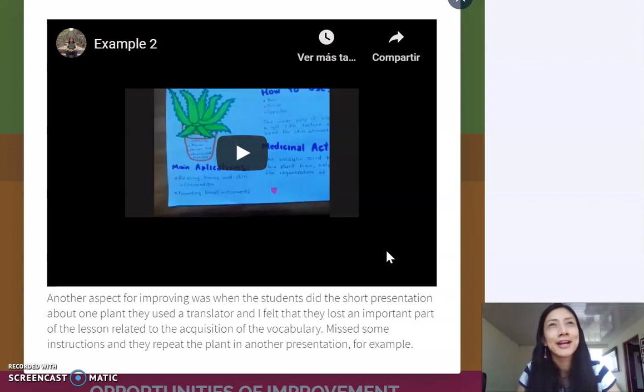I don't know if it's okay that they use this or not, because I felt that they lost an important part of the lesson related to the acquisition of the vocabulary.